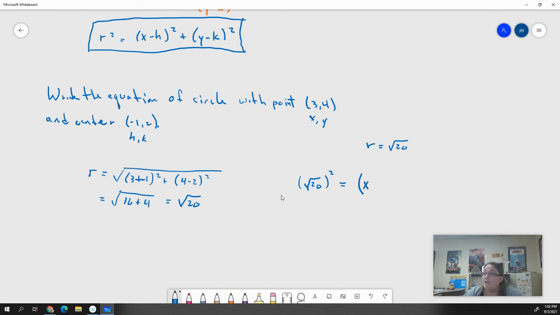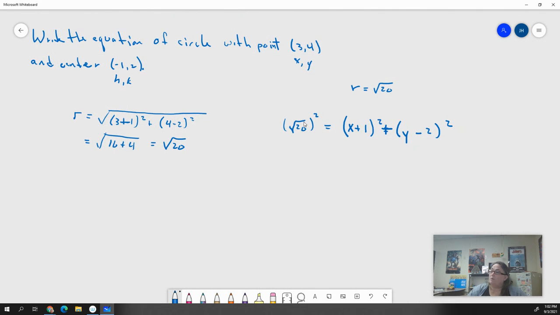Because we're using it for any point. Our h, though, is -1. So we're talking minus 1. So it'd be plus 1 squared equals, plus y minus whatever our y center is, our k, squared.